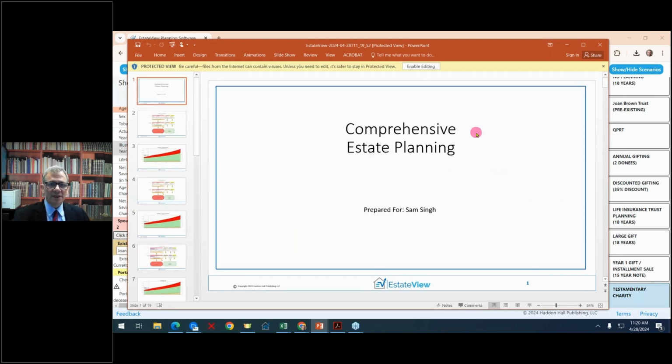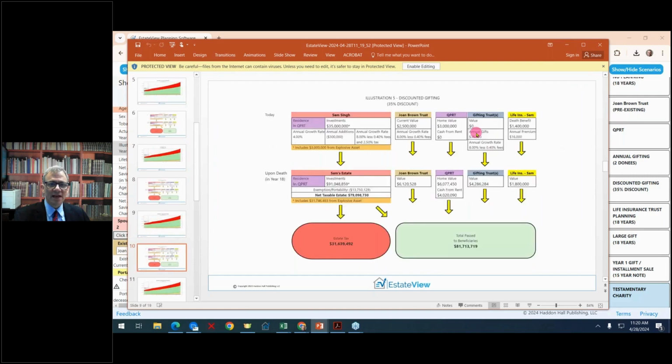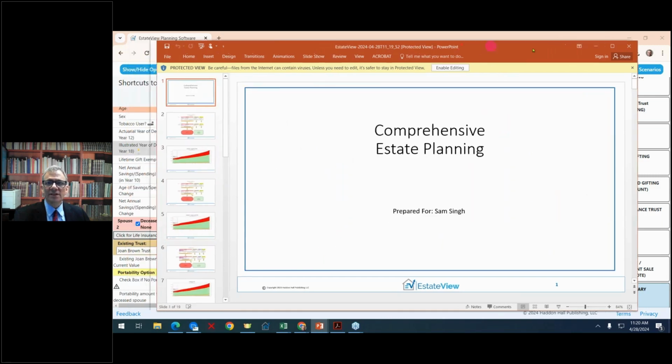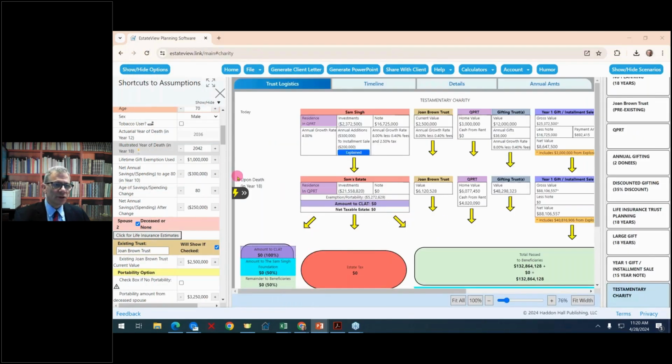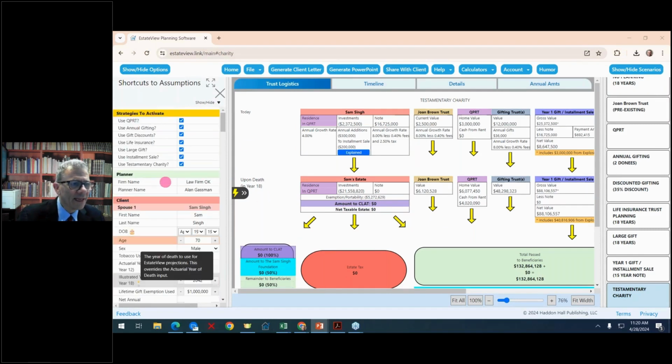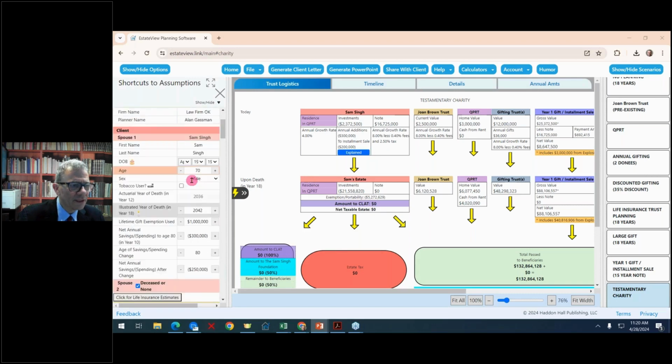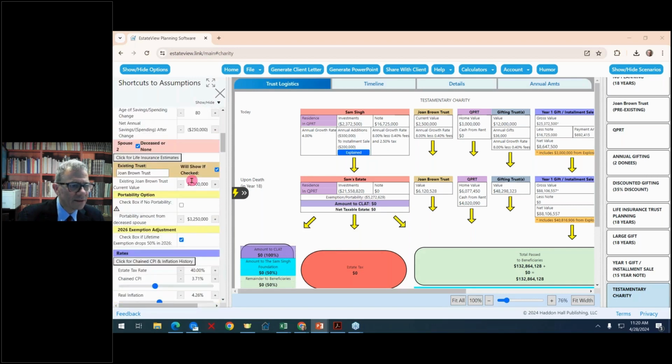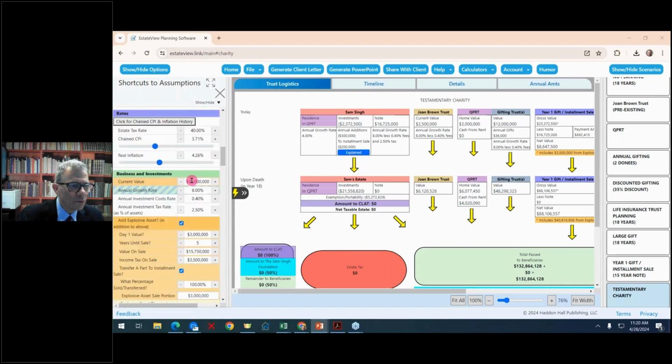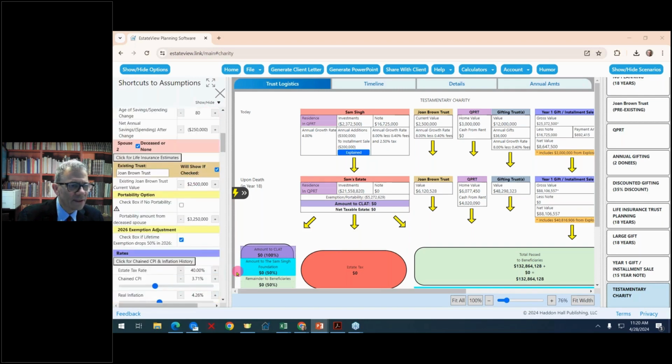Now, this is assuming the exemption goes down to half. What if the exemption doesn't go down to half and I want to show the client that scenario? Well, I can go to the left-hand side here and I can find where I selected that the exemption goes down to half.